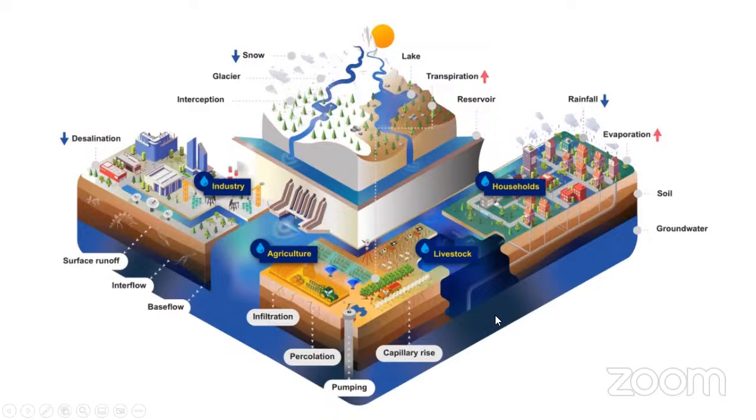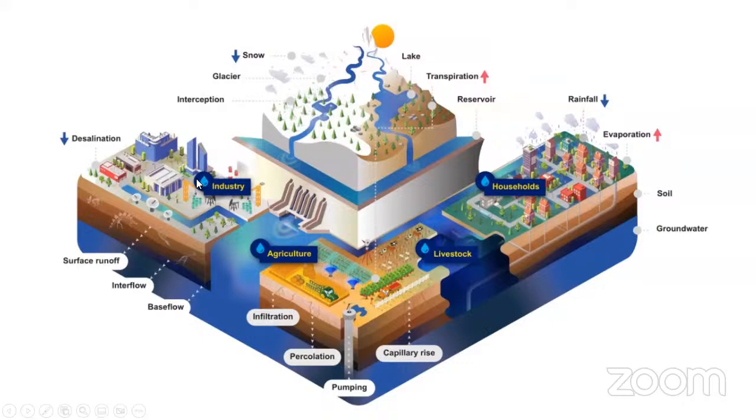Like this, the quality and quantity of groundwater are being affected. That's why we have to manage these household systems, with proper management of the sewage system, proper management of agriculture fertilizers and pesticide usage, and proper management of industrial sewage water or effluent water.